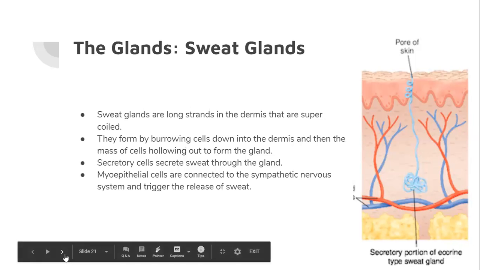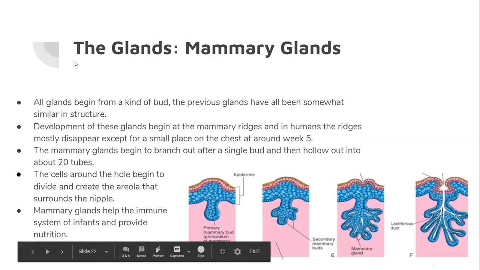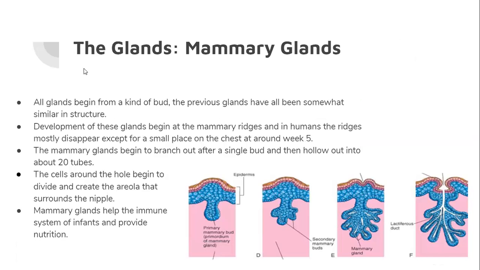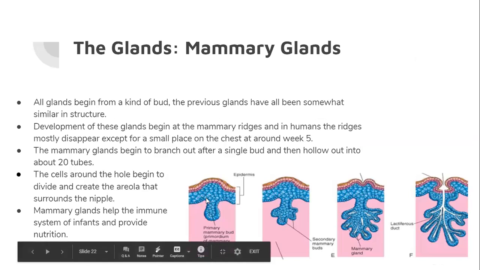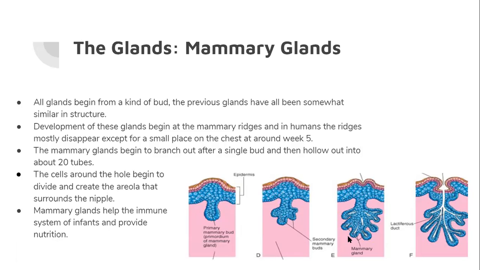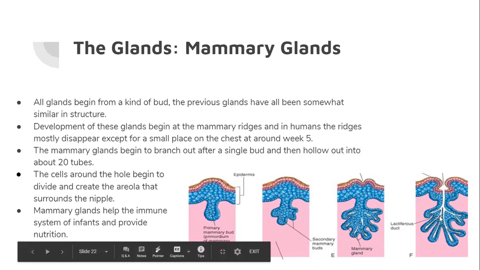So pretty interesting. The reason why the mammary glands are different is because most of these glands start with just a little bud, which you call the primary bud, but these are secondary buds that are forming, and they get bigger and bigger until there's about, I think, 15 to 25 of them, and then they start to hollow out, and that is where we get our lactate.